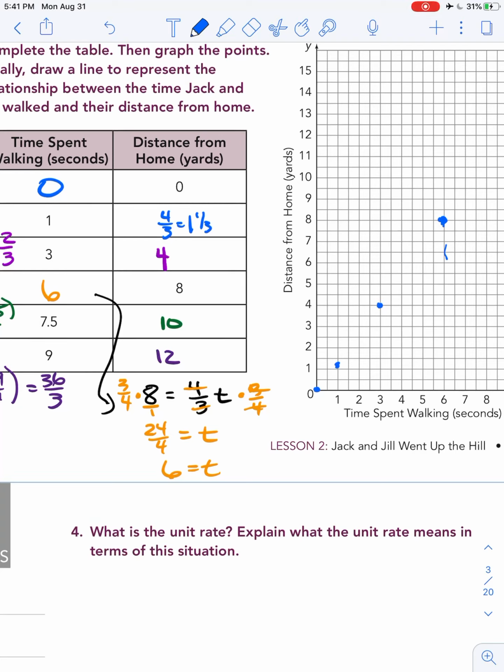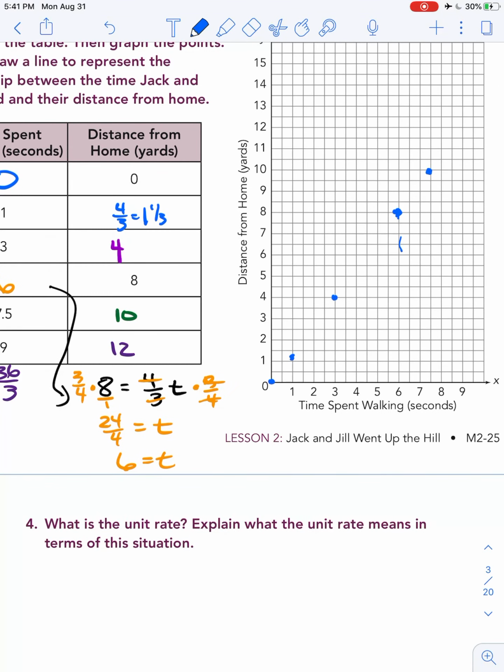And 7.5 and 10, and 9, is that right? 7.5 and 10, and then 9 and 12. Now, normally I would have a straight edge to be able to do this. That was horrible. But there you go.